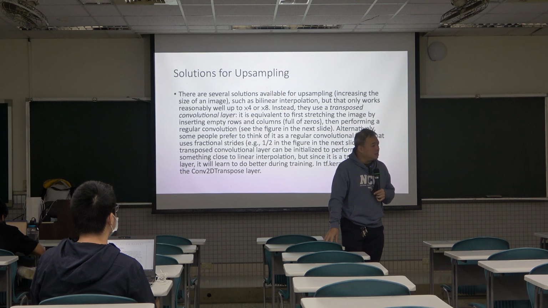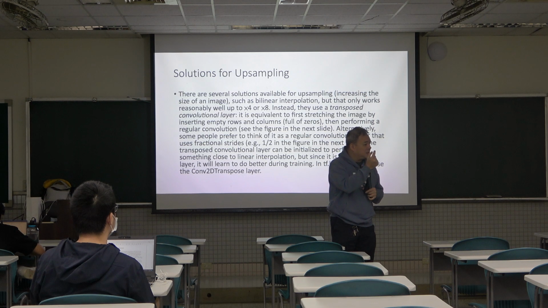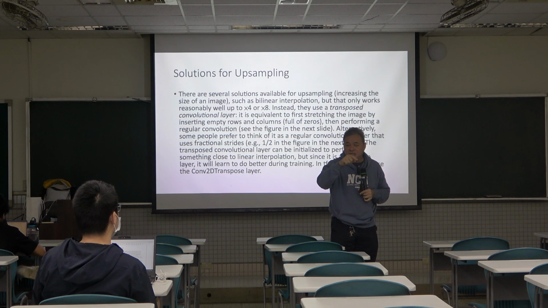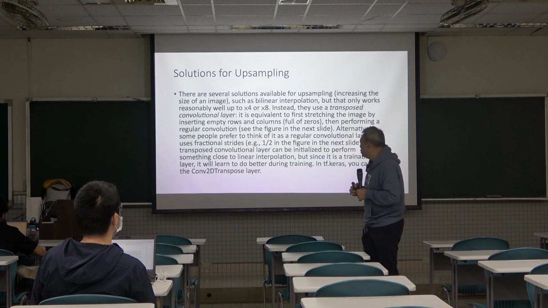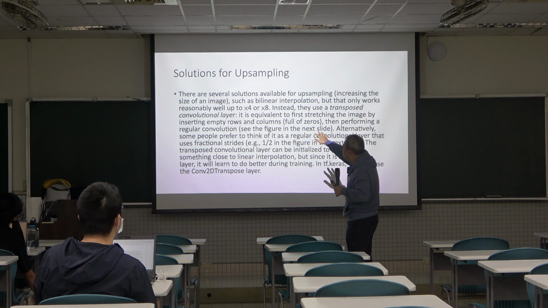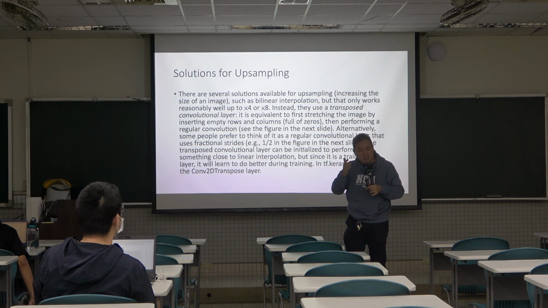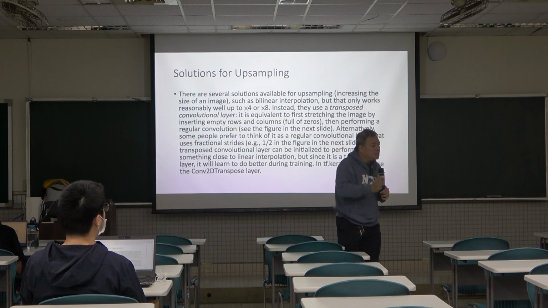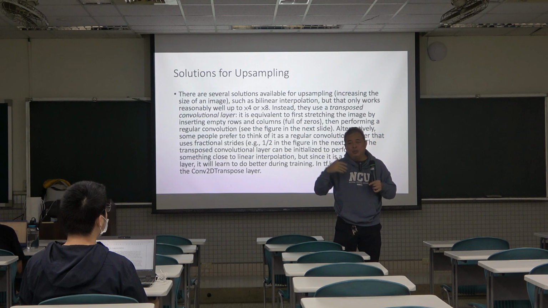The easiest approach is you just stretch the pixels, right? And of course, when you stretch the pixels, there are pixels in between that you don't know the value of. So you could use interpolation, bilinear interpolation. Why do I say bilinear? Because we are doing linear interpolation on two dimensions, the width and the height.